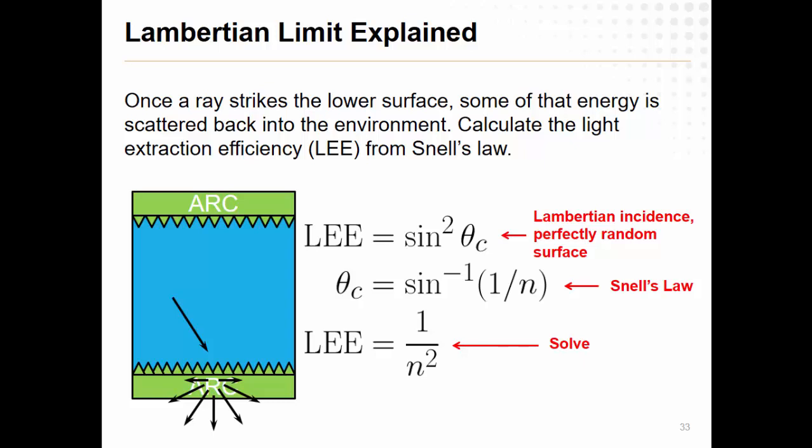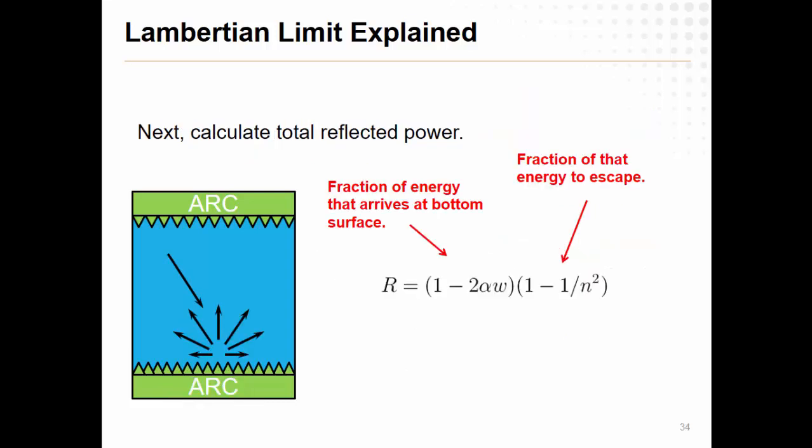So maybe you lose like 5% of your light here, the other 95% reflects, and that depends strongly on the index of refraction. So that is the fraction of the light that leaves the bottom, and the remainder just bounces back up and repeats. So I'm solving for the reflected energy. I have the fraction of the energy that arrives at the bottom, and a little bit leaves, and the rest is reflected.